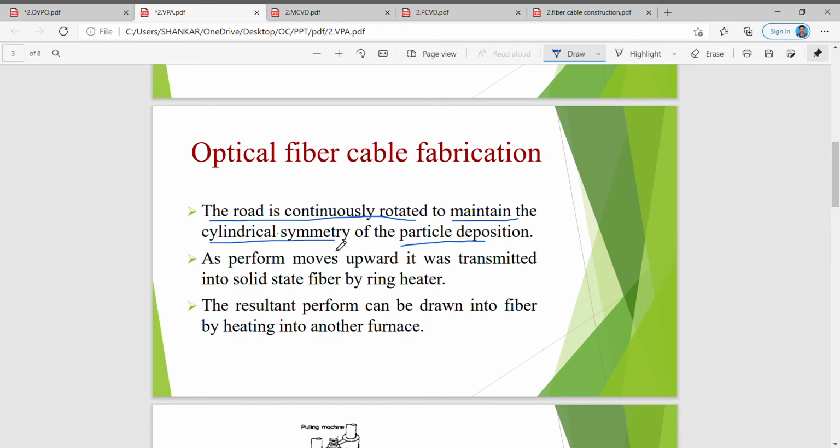This cylindrical form is used to implement the core and the cladding. As the preform moves upward, it is transformed into a solid state fiber. Actually we are depositing those particles in normal form, and now we have to convert them into solid state by using the ring heater.